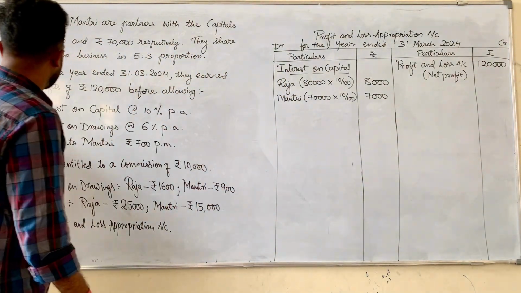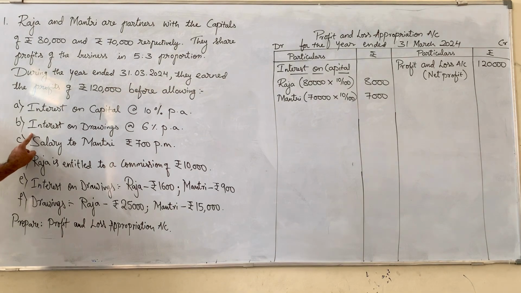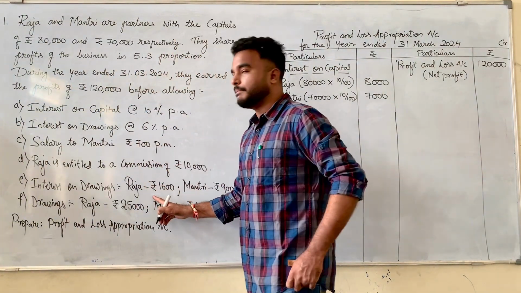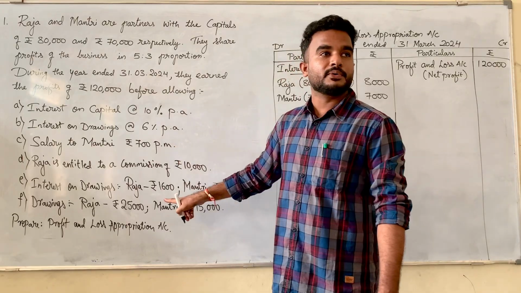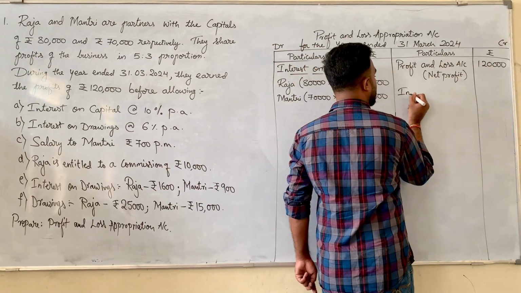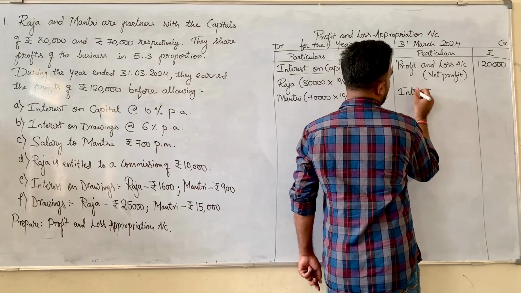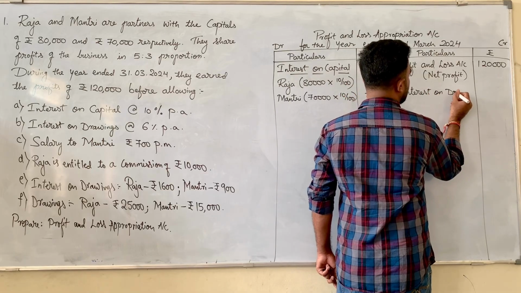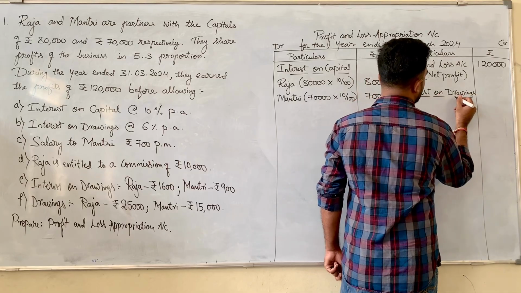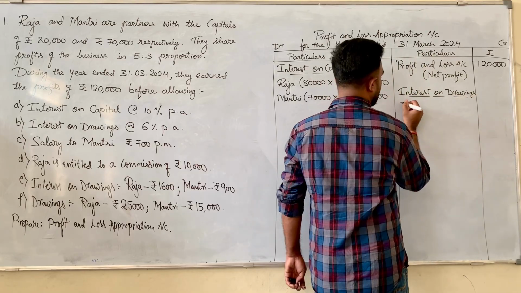Next, after that, they had given interest on drawings. And we have already discussed, whenever they give percentage as well as amount, will we go with percentage or amount? We have to go with amount. So interest on drawings. So check, who are Raja and Mantri.